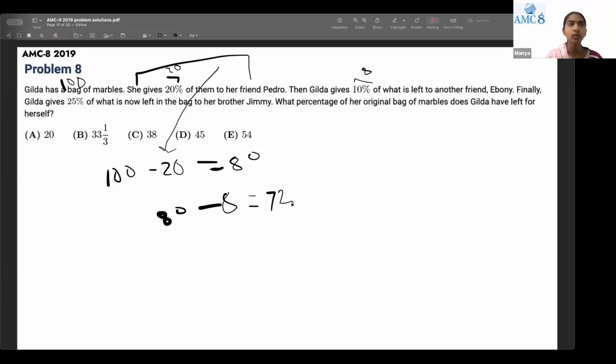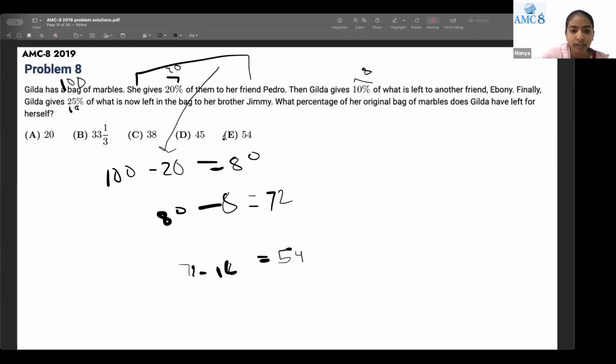And then she gives 25% of what is left in the bag. So 72 are left, and then she gives 25% of that to her brother Jimmy. So 25% of 72 is equal to 18. And so we would have to do 72 minus 18, which is equal to 54.